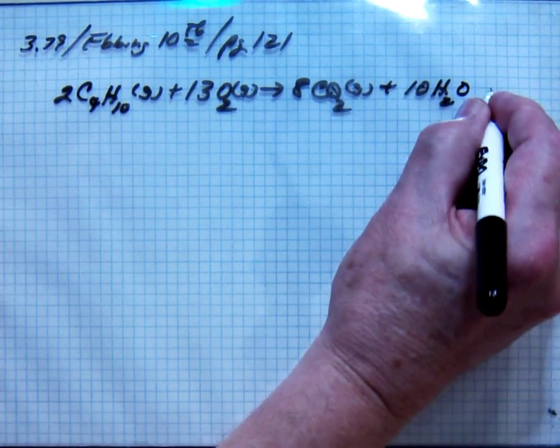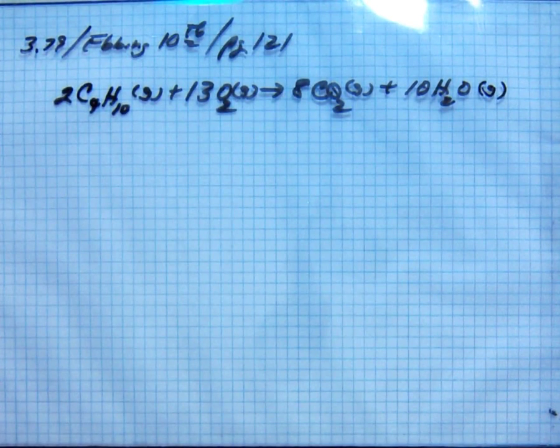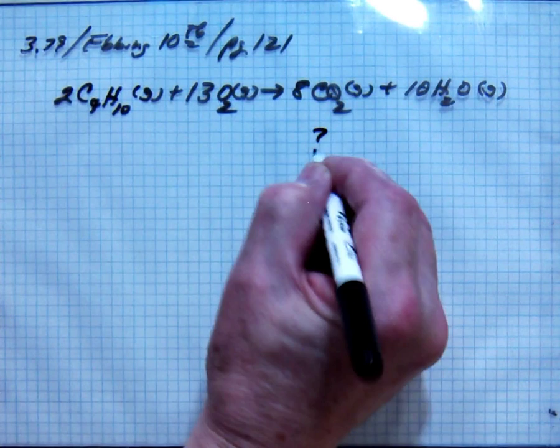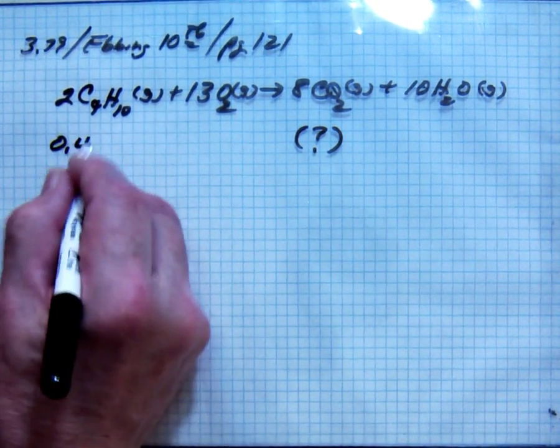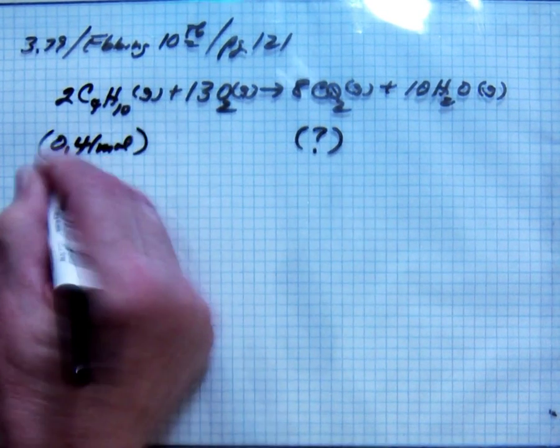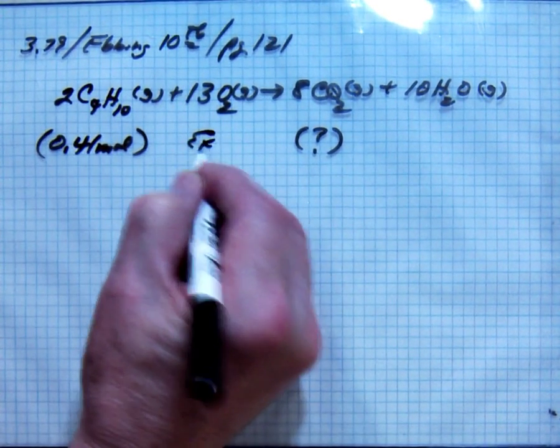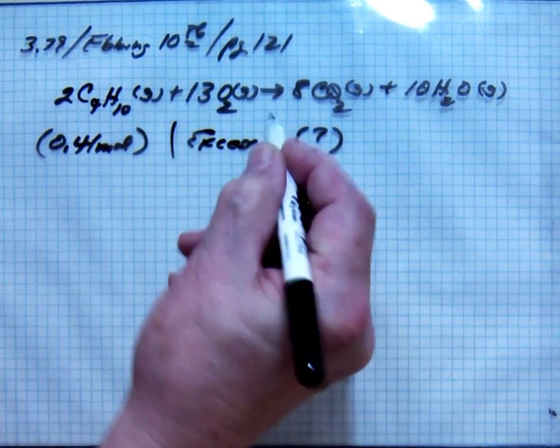And they're talking water gas in this problem, vapor. There's the different forms. And they gave us what's the amount of carbon dioxide produced from 0.41 mole of the butane, and this will be an excess. Like that.